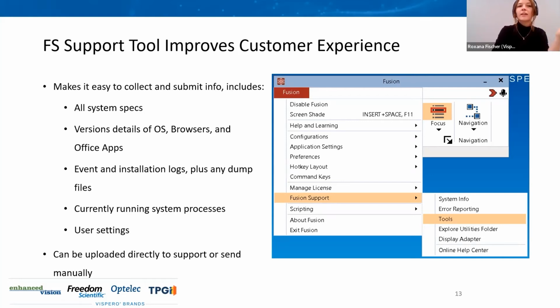It collects all system specs, the versions of the OS, of the software, of the browser, installation logs, running system processes, and user settings, and creates a file that can be sent to support. One good thing about it, it's not just our direct support, you can also send this file manually to the distributors to help you.